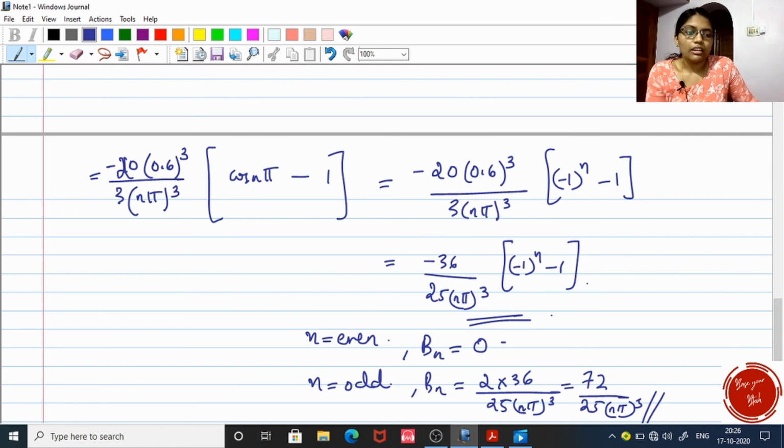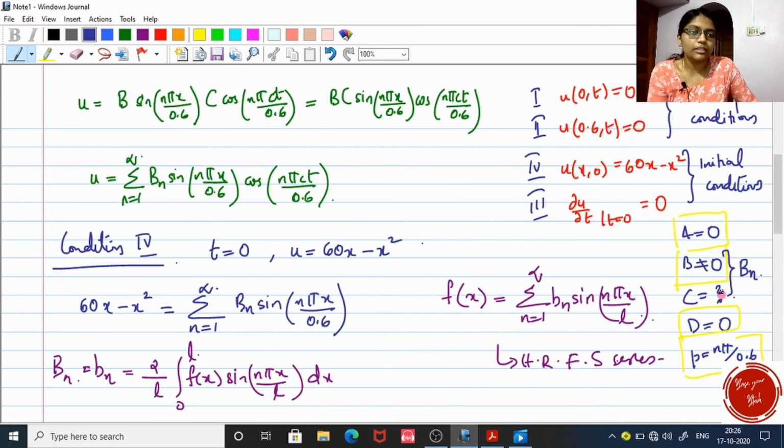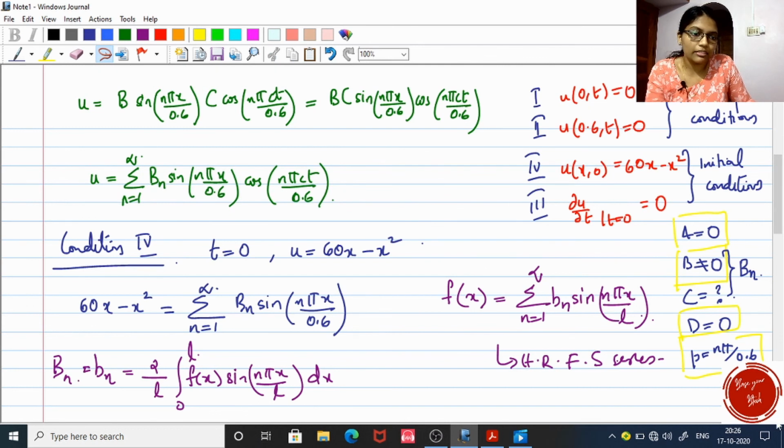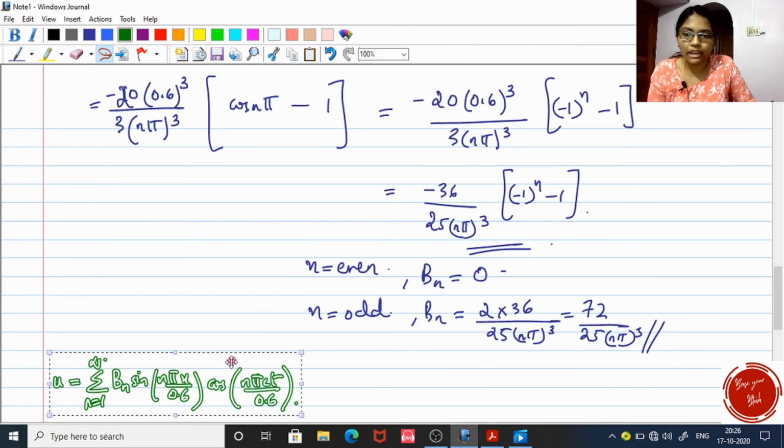I hope all the constant terms, unknown terms are found out. So Bn value is also found out now. Now let's update the previous equation which was derived from condition number 3. So this is the latest equation. Let's modify it with Bn value.